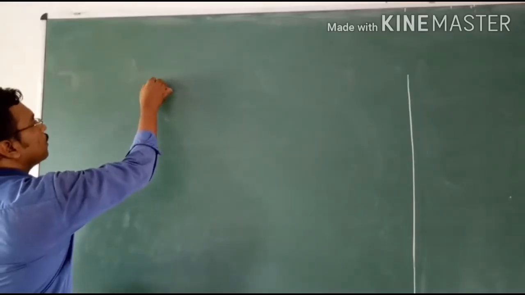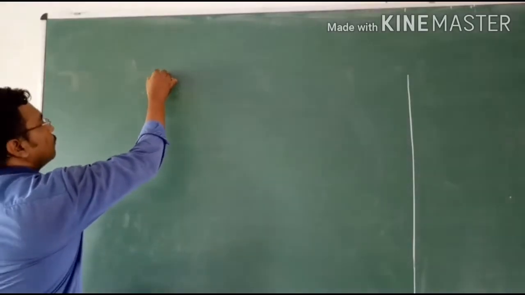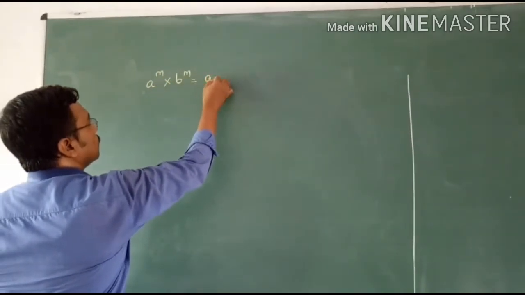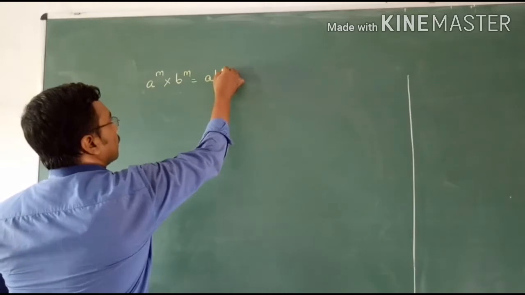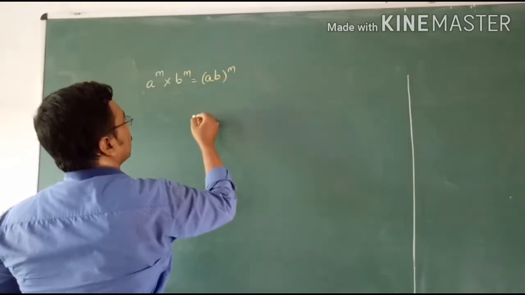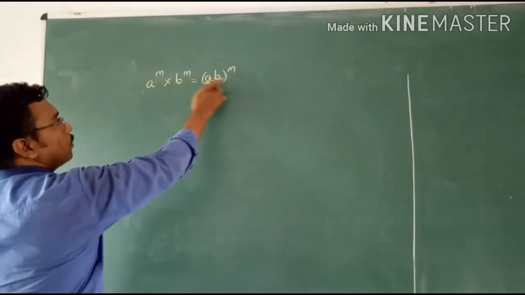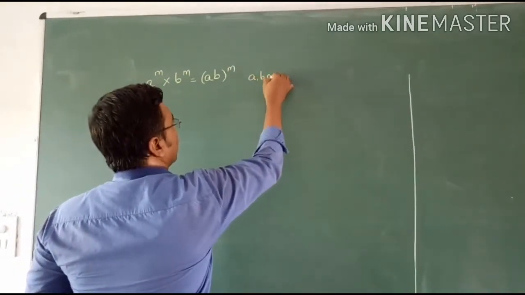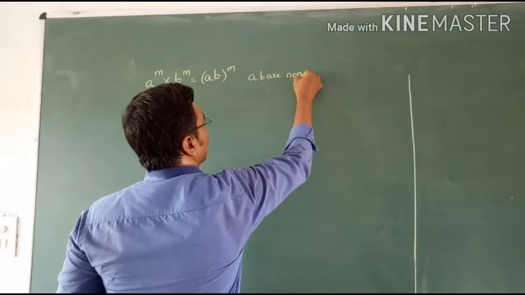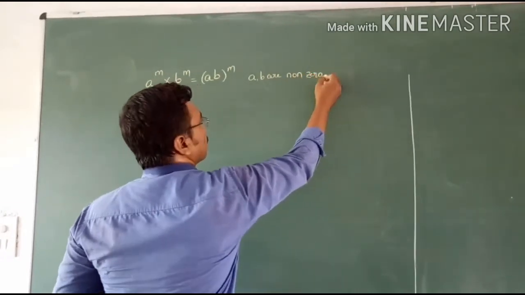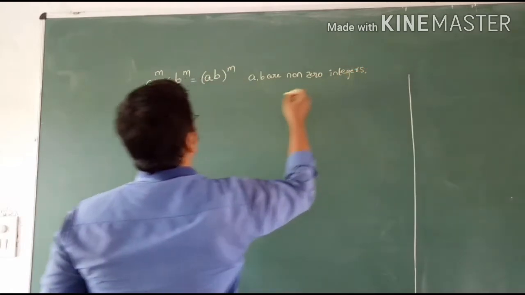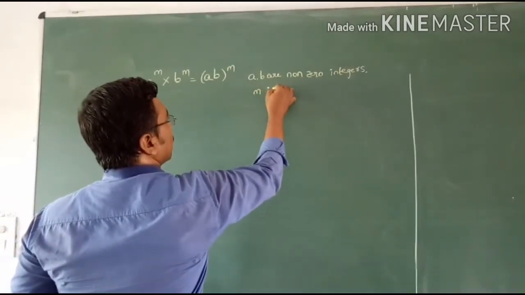One more law. a power m into b power m is equal to ab whole power m, otherwise a into b whole power m. a, b are non-zero integers, m is any integer.